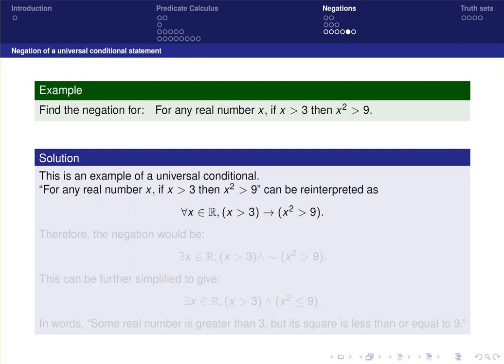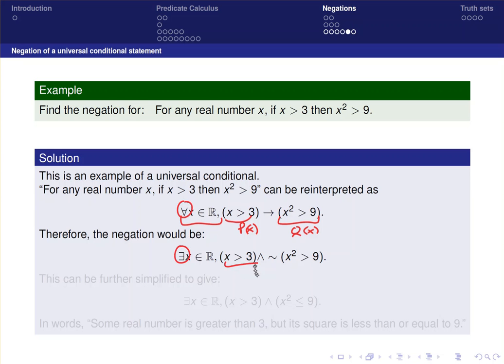The original sentence can be written with formal notation, and we can determine that in this case the domain is first, the P of x is next, and the Q of x is all the way at the very end. To negate, we just change the for all to an existential. We leave the P alone, we don't mess with it, and we negate the Q of x.